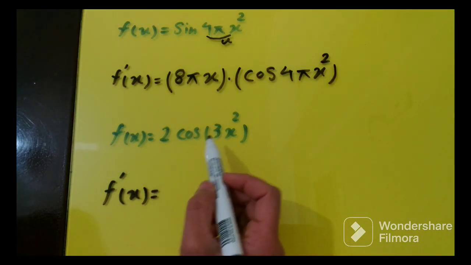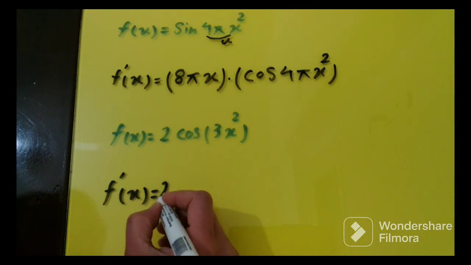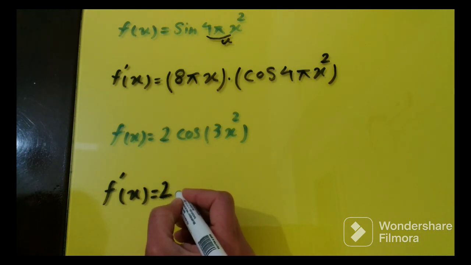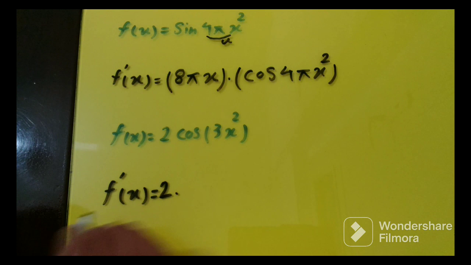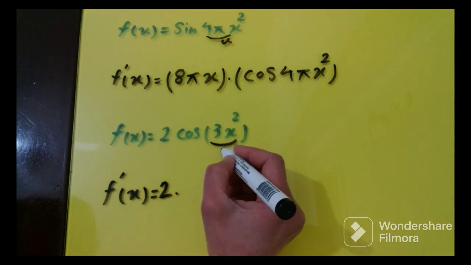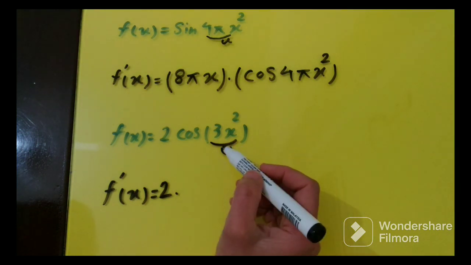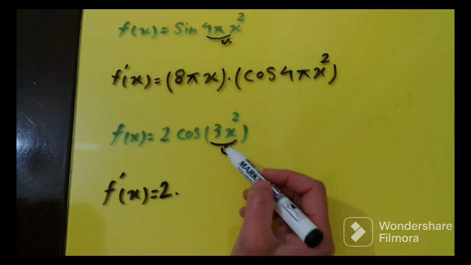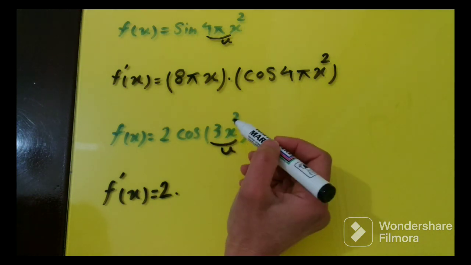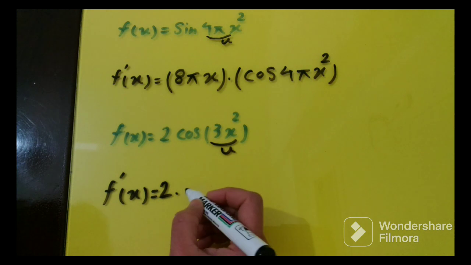In this example, you should keep the coefficient. This term is u. According to the formula, you should get the derivative of u, so you should bring the power down and multiply it by the coefficient. It's 6.